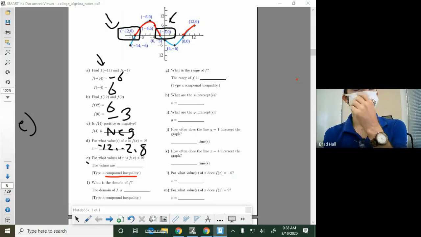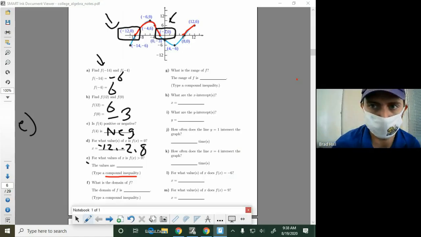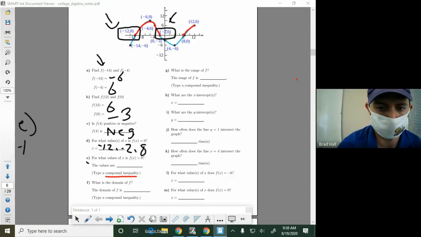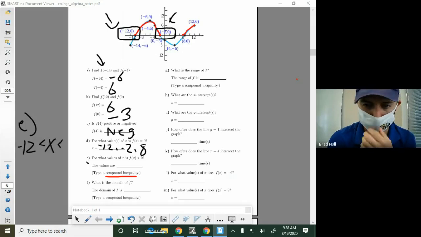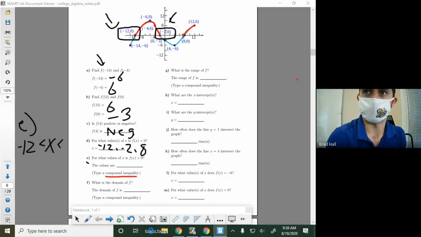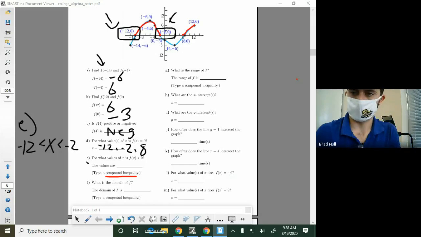is, well, you know how inequalities work. There's a variable and a number, generally. So we had -12 before. Since we're looking for x values, I'm using x. The -12 was the leftmost value, and the -2 was the rightmost value.